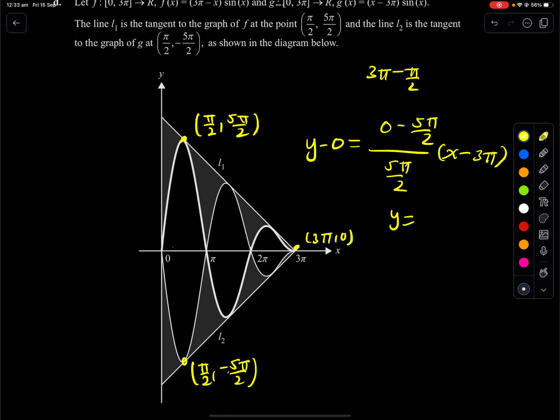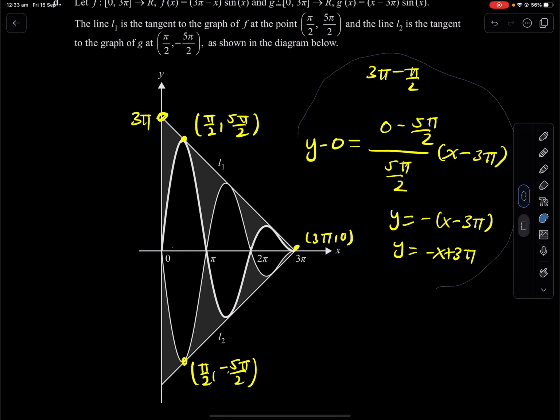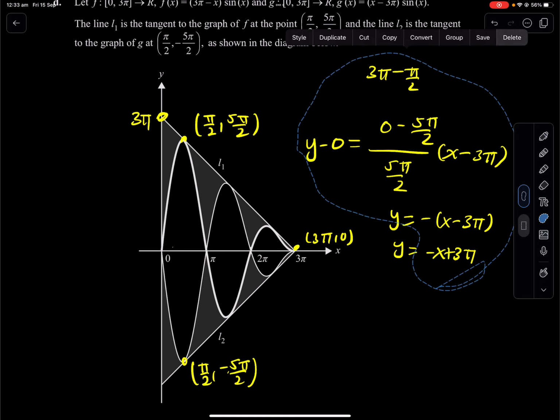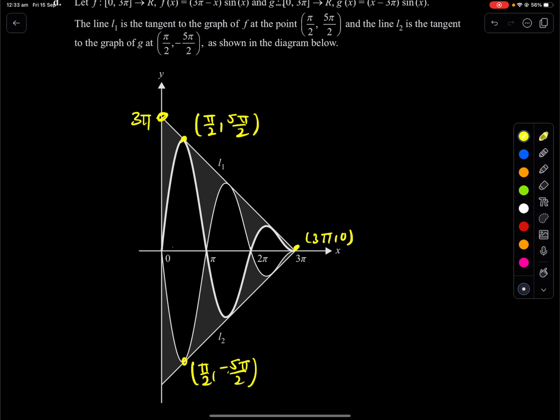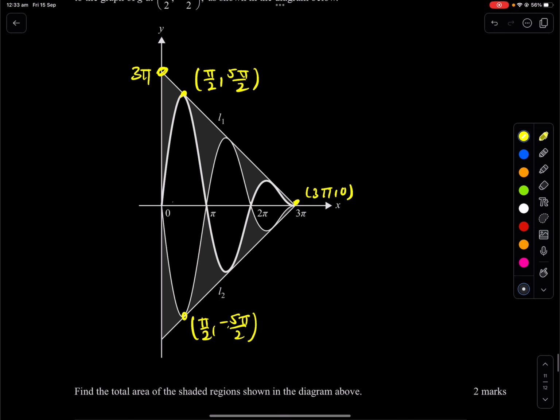So y equals negative x minus 3 pi. So y equals negative x plus 3 pi. So this point over here is 3 pi. Okay, that's good to know. That's all I needed to know pretty much. So that's 3 pi, and that's 3 pi also here.